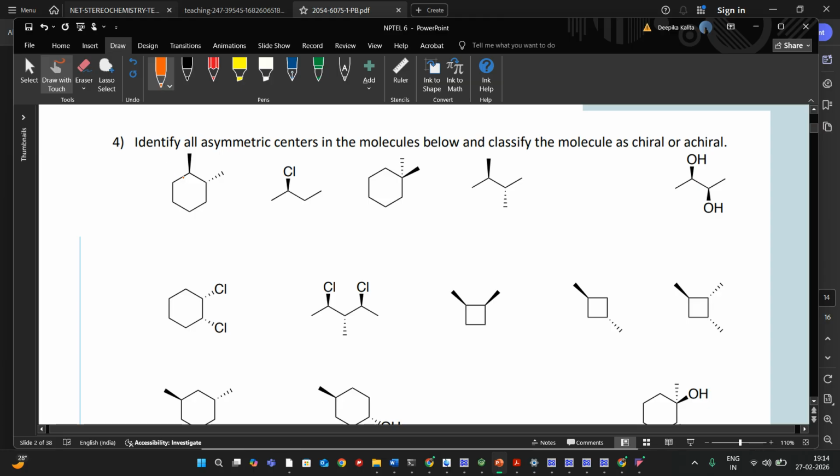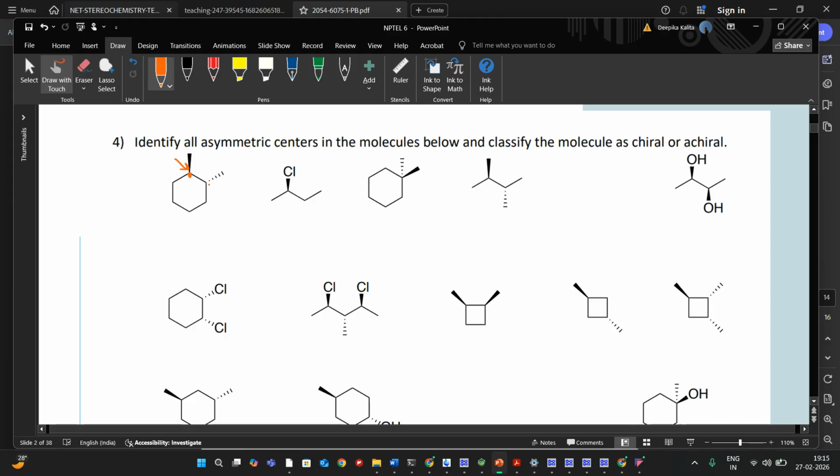So in the first molecule, this is an asymmetric center because this particular carbon is linked to 4 different groups. One of which is hydrogen, one is this methyl, and 2 are alkyl chains, which are the 2 chains from the cyclohexane molecule. So this will be the first chiral center present in the molecule.